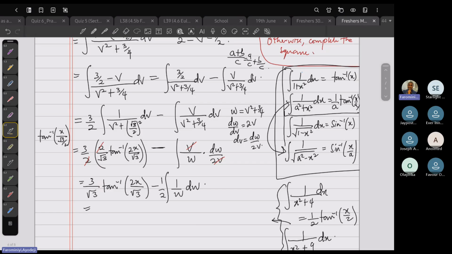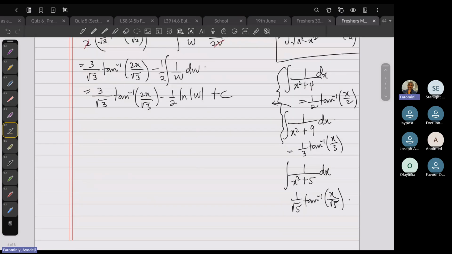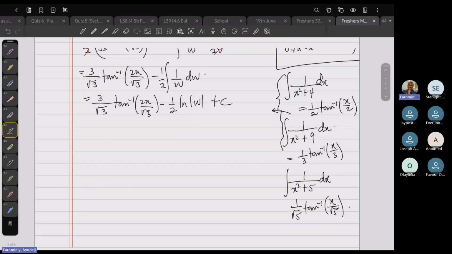And finally, that is 3 over root 3 tan inverse of 2x over root 3 minus 1 over 2 ln W plus C. We will now start a series of back substitution.